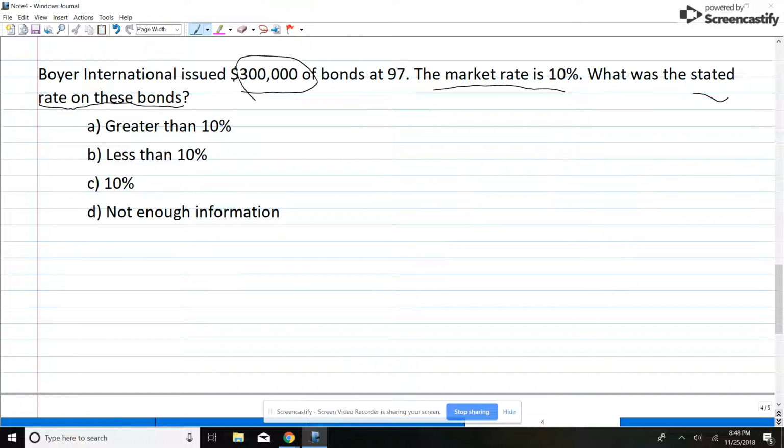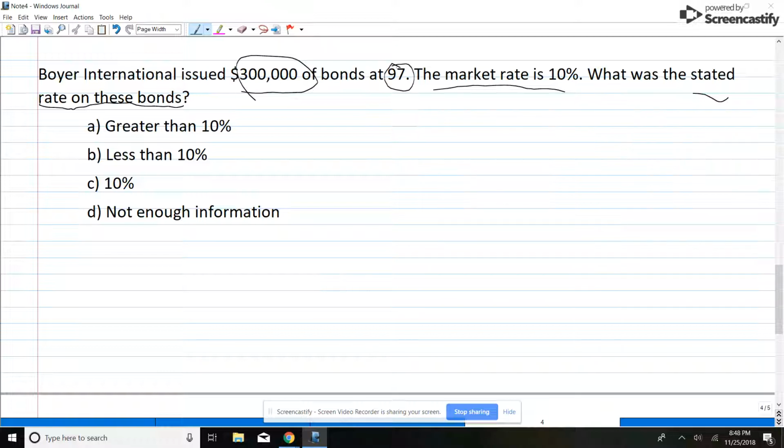Now, a key thing to note here, or the thing that probably confuses people, is this "at 97" thing. So when you open up a newspaper or something, like Professor Pendergrass was saying, that's how it's going to state what the bonds are selling at.